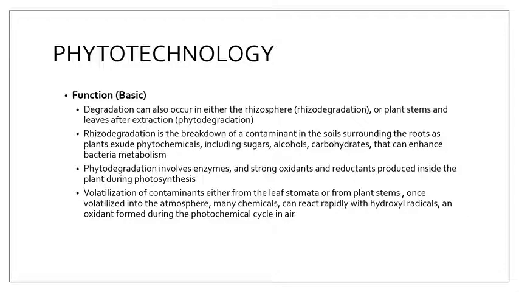Now, let's talk about the degradation process in plants. Now, the degradation can occur either in the rhizosphere or the root zone, or in the plants' leaves and stems, once the plants have sequestered the contaminants in the leaves and stems.